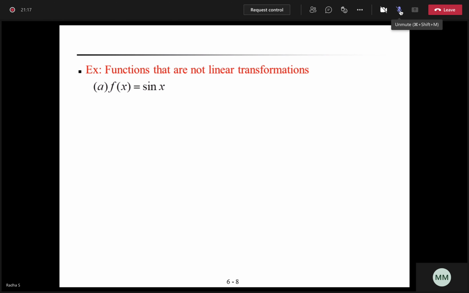Can you please say whether this is a linear transformation? Here F is a function from real to real only, right? Whenever you take any x from R, it is mapped onto sin x. We check whether it is a linear transformation. So for that, first, what should I do?